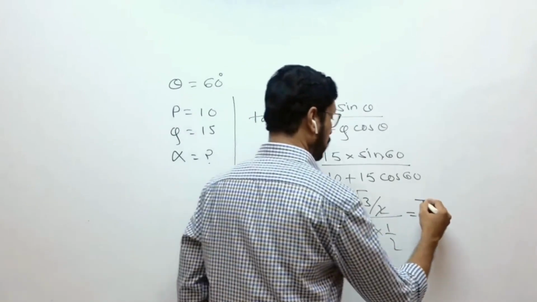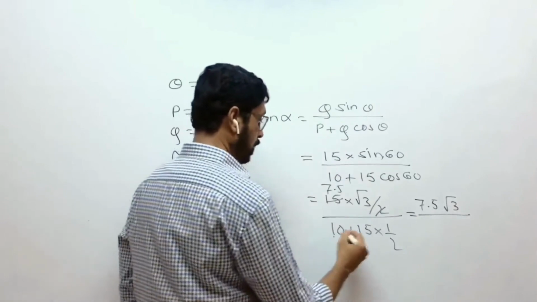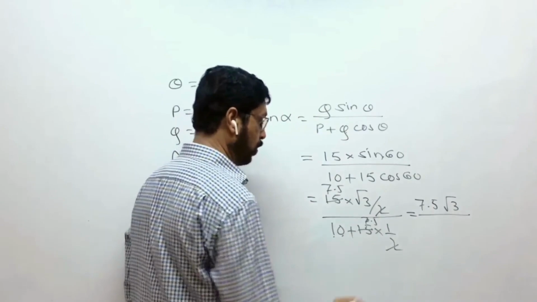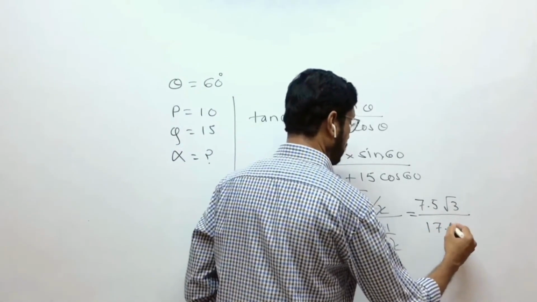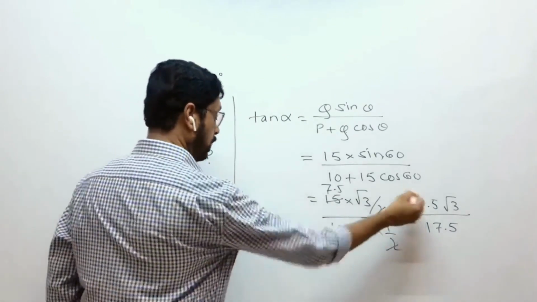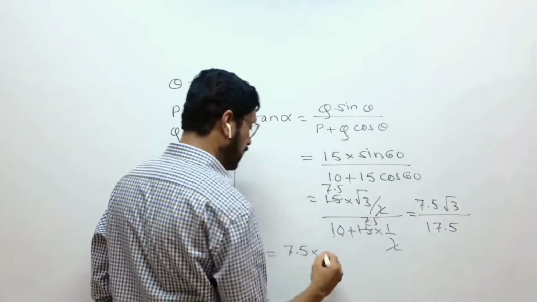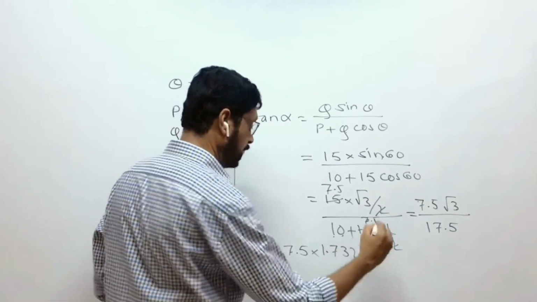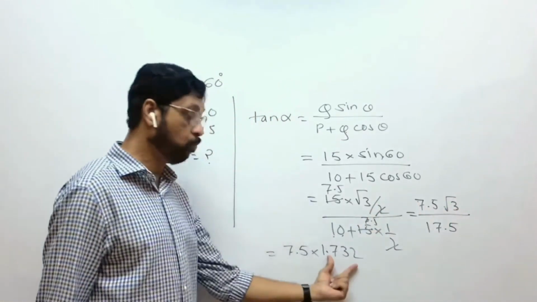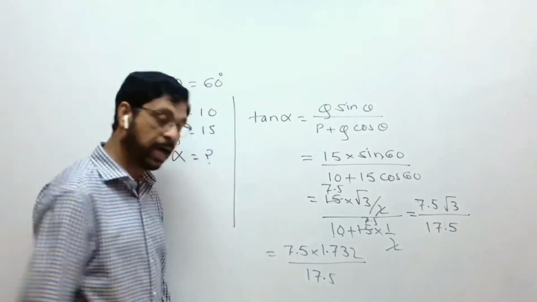That is equal to 7.5. So it is 7.5 root 3 upon 10 plus 7.5, that is 17.5. So this is equal to 7.5 into root 3, which is 1.732, upon 17.5. We have seen earlier that the value of root 3 is 1.732.